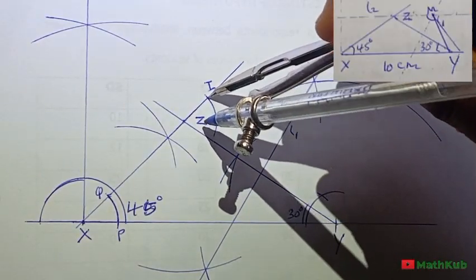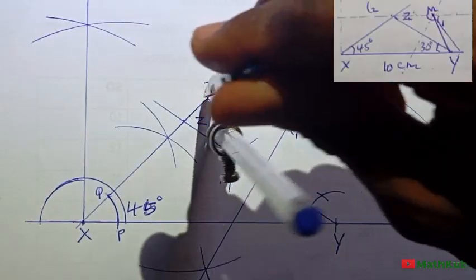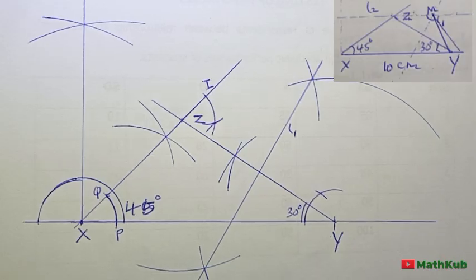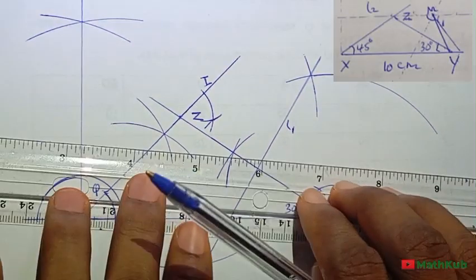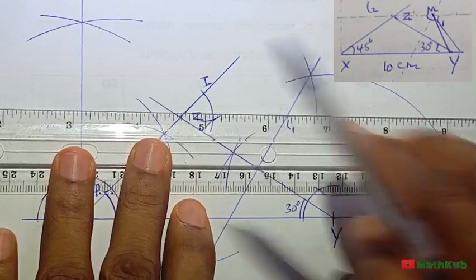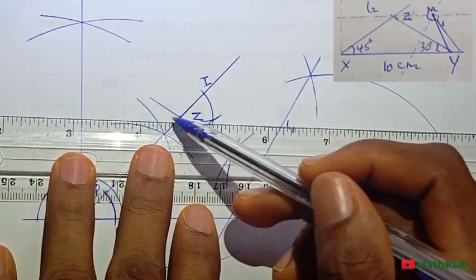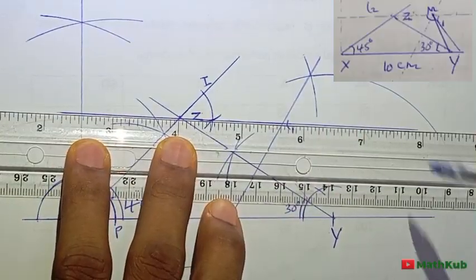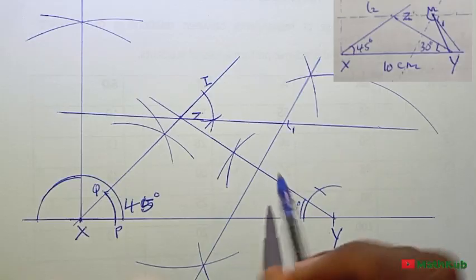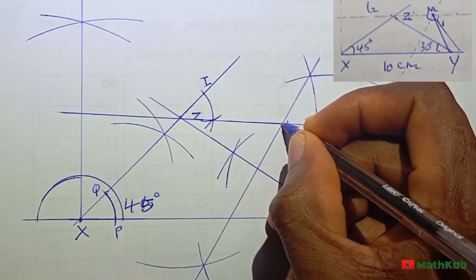That is, with I as center, you cut this first arc. Now you join the point where you cut this arc to Z. Alright, so now we have the midpoint here.